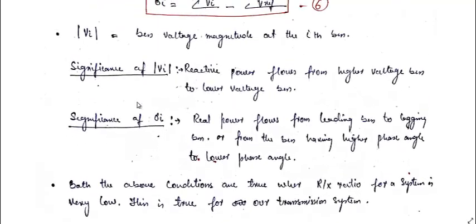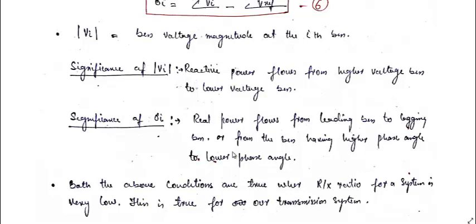But these two conditions are true only when the R by X ratio for a system is very low. That means when X is more as compared to R, or when R is low as compared to X. This is true for our transmission system, but for our distribution system, it is the other way around. That means in that case, R by X ratio is very high.